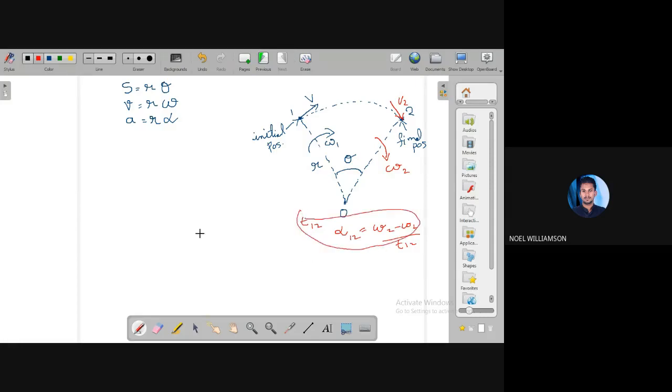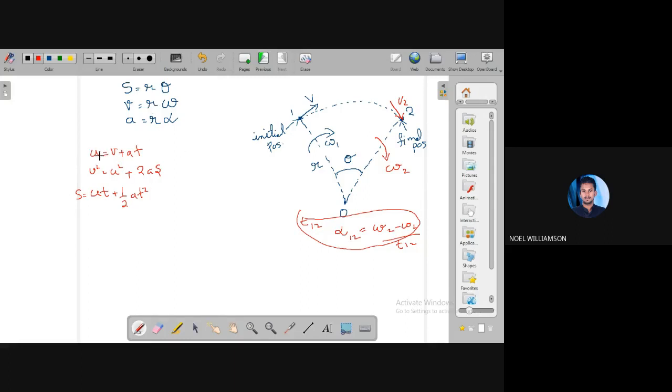Anyway, we have certain relations like v equal to u plus at, v square equal to u square plus 2as, then s equal to ut plus half at square. We had these equations. So like these equations, we can have the relations for the angular values also.